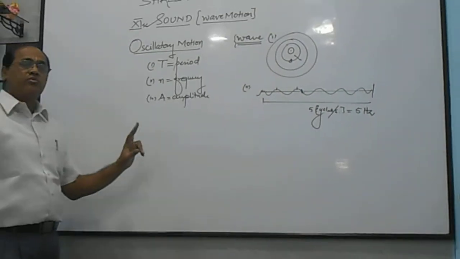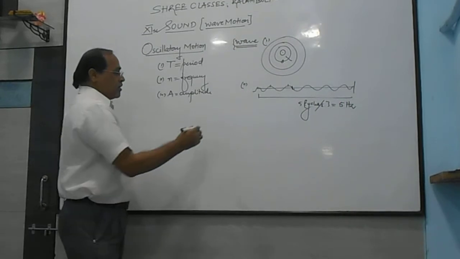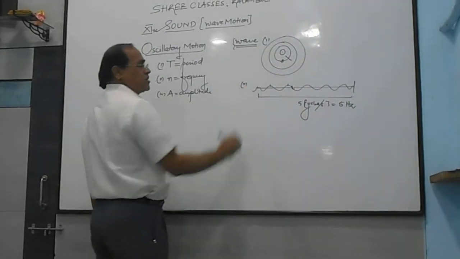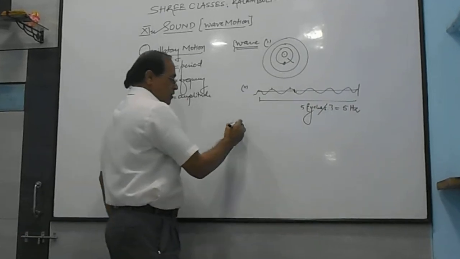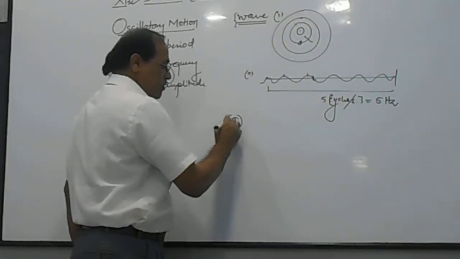There are 2 different types of waves. If you observe these 2 waves, these are having the same thing. But first category, types of waves.